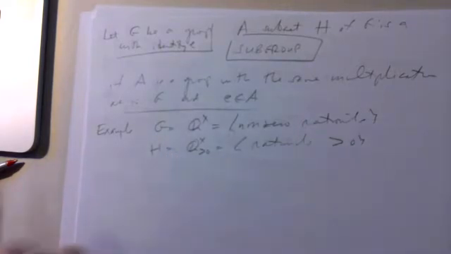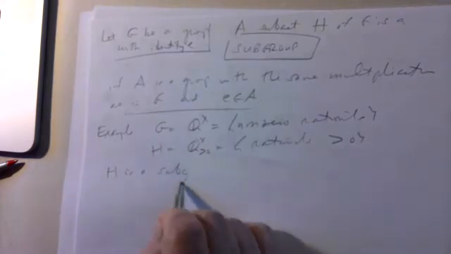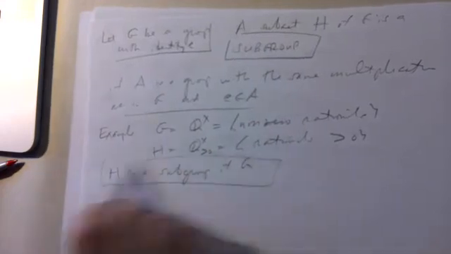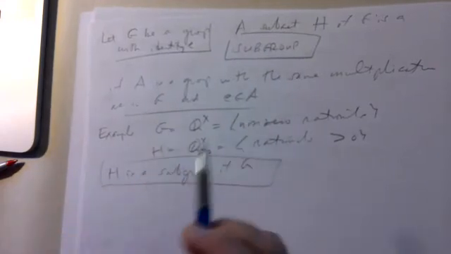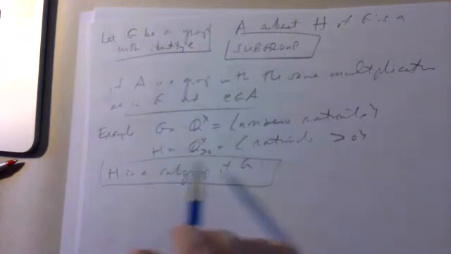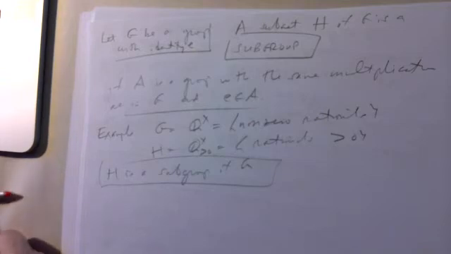This is a subgroup. H is a subgroup of G. It's not the whole thing. Like -1 is in G, but it's not in H. But the product of two positive numbers is positive and 1 is positive. So H is a subgroup, a proper subgroup of G.